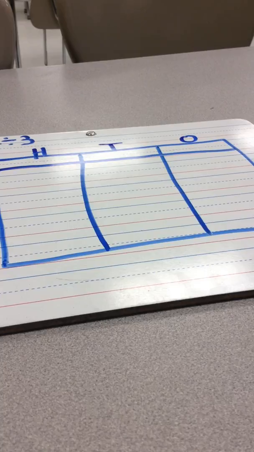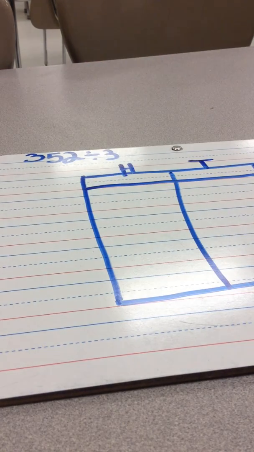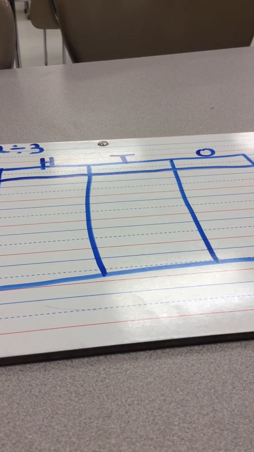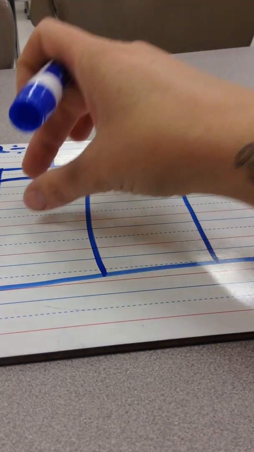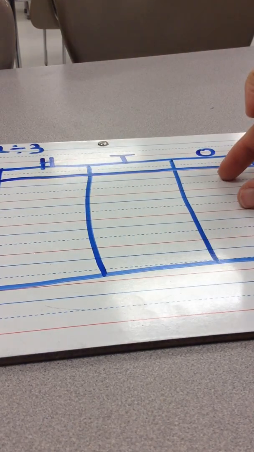Now this one I have slightly modified from the clip that I have shown on Class Dojo and on Google Classroom. With this one, I will then have them break up the 3-digit number of 352. So that is our dividend. So we are actually going to put that inside, but we're going to break it up into each column.